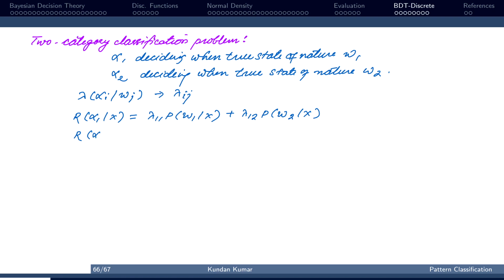Similarly, we can compute the risk for action 2, which is lambda 21 into the posterior probability of class 1 plus lambda 22 into the posterior probability of class 2. Okay, so the fundamental decision rule we can define.